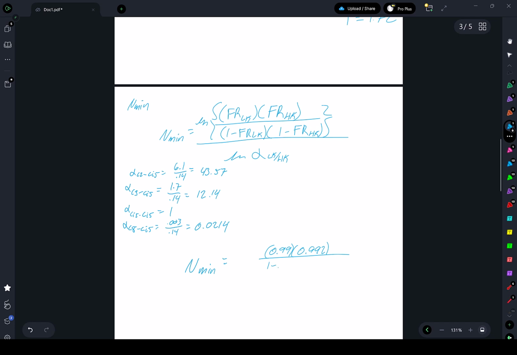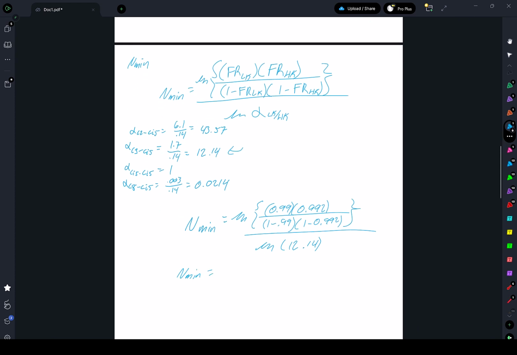This is just 1 minus 0.99, times 1 minus 0.992, natural log. All of that divided by the natural log of this value right here, our light key with respect to our heavy key, natural log of 12.14. So this will give us that our minimum number of trays is approximately equal to 3.77. So we'll say we need 4 trays as the minimum.